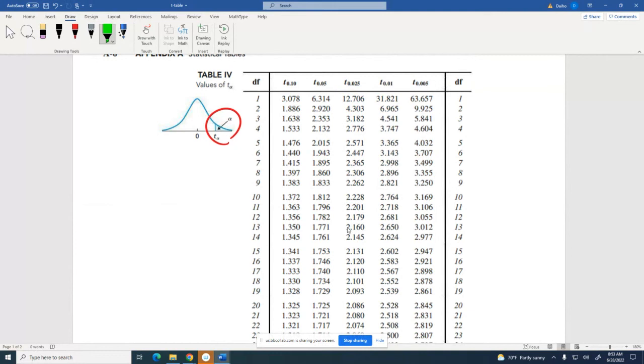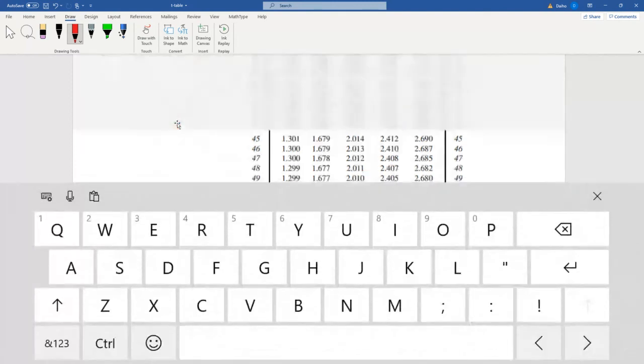We plug in the alpha, 1%. But now we need the right tail, and the t distribution is symmetrical, right? So we go to 1%, the second last column.